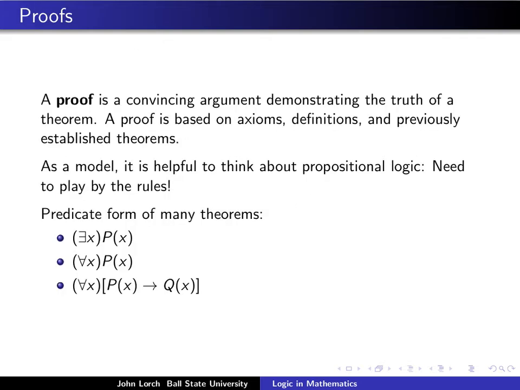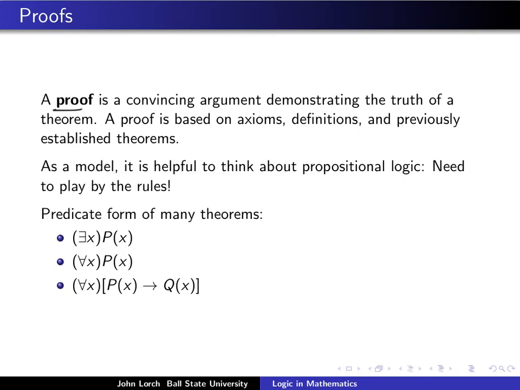A theorem is no good without a proof. A proof is a convincing argument demonstrating the truth of a theorem. A proof is based on axioms, definitions, and previously established theorems. As a model, it's helpful to think about propositional logic, which we discussed a few days ago. We want to be sure to play by certain rules to make sure that our arguments are convincing.